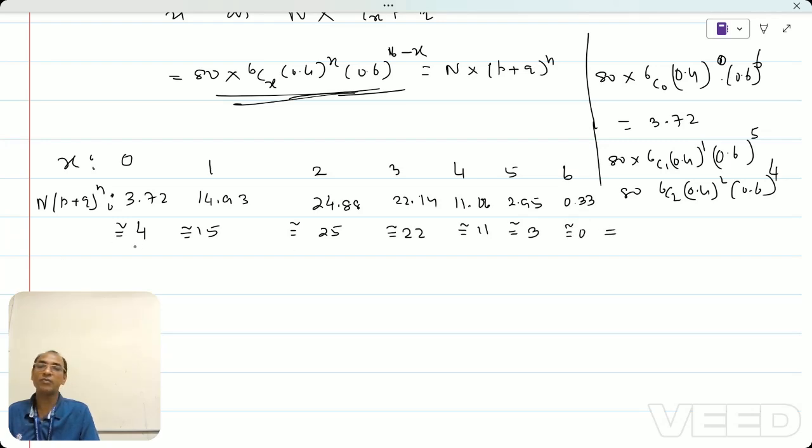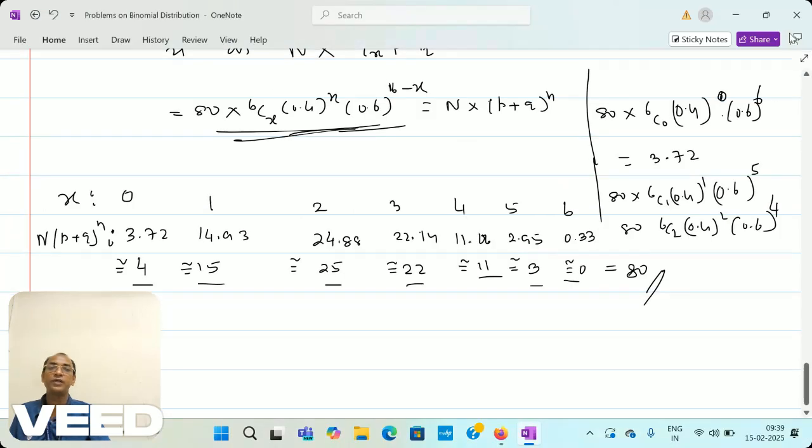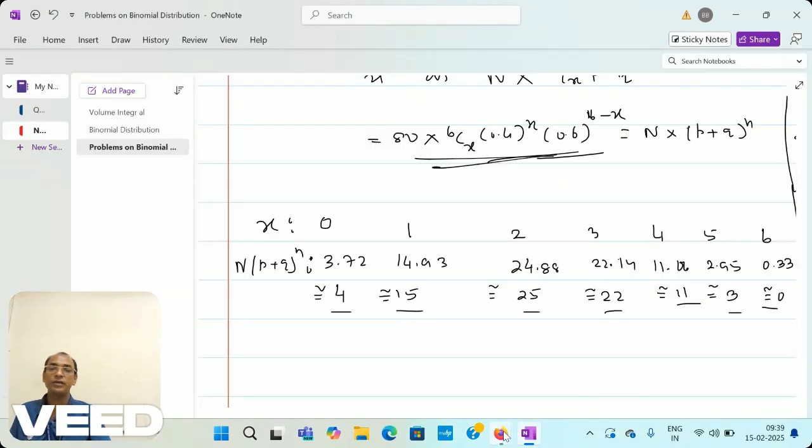If you find the sum of these values, definitely the sum will be 80. So for the given frequency distribution, we can find the theoretical distribution in this way. This is one of the important problems in your course.